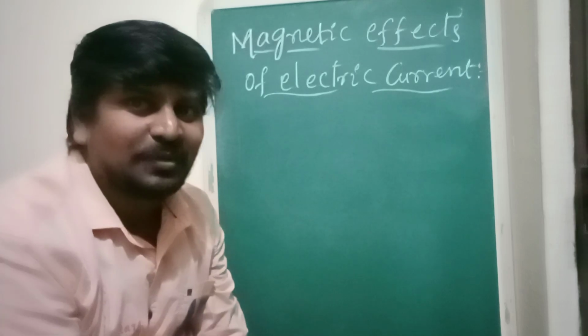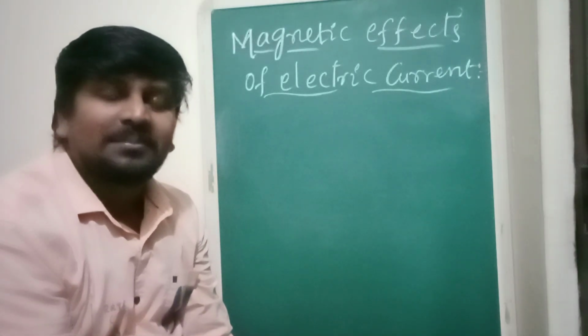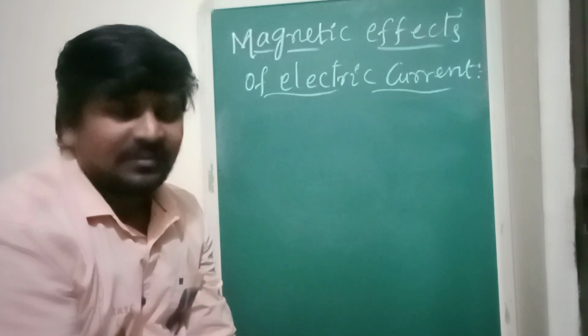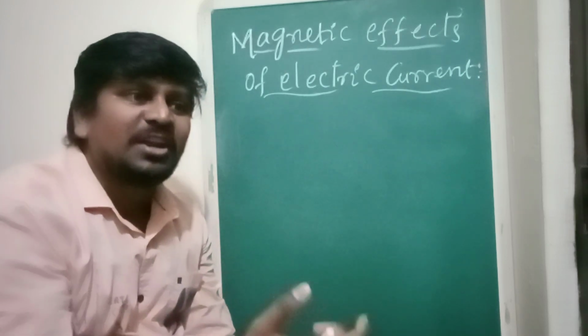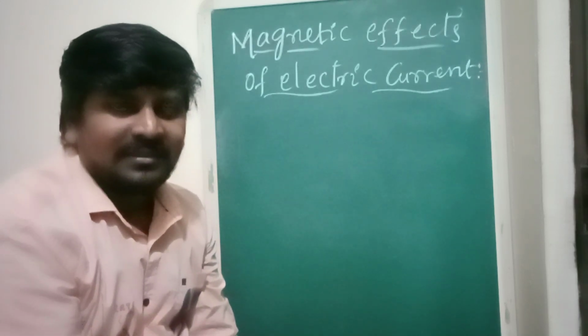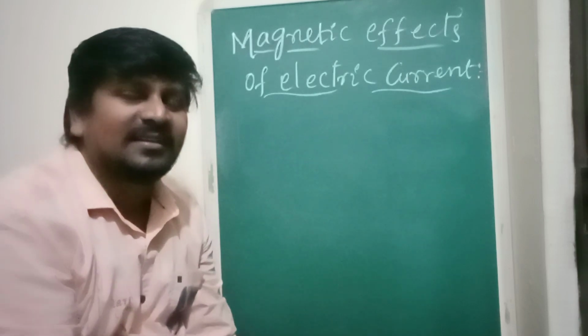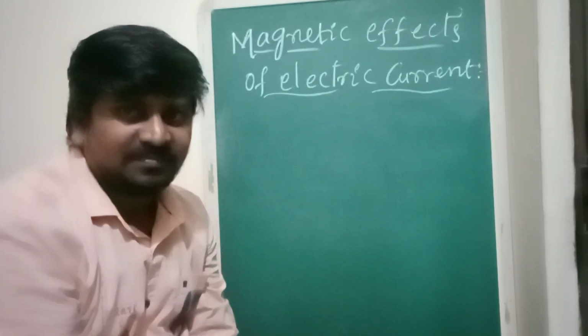Let's start the topic. So the first magnet is magnetite, that is a natural magnet. The natural magnet comes from the earth's crust. Magnetite comes from the name Magnesia.